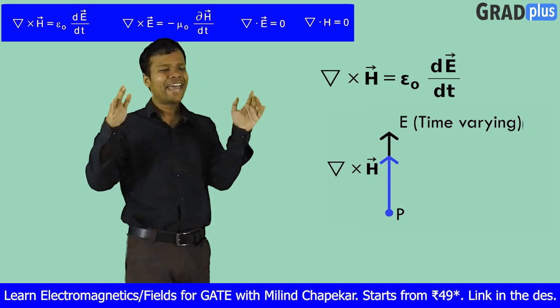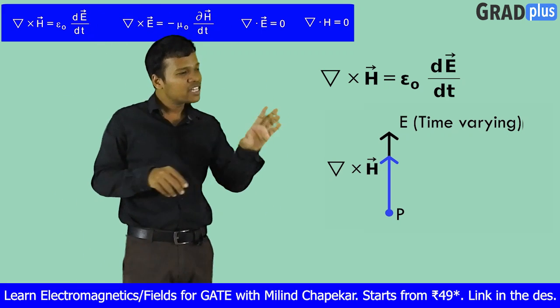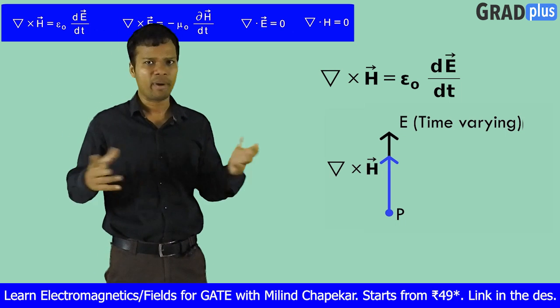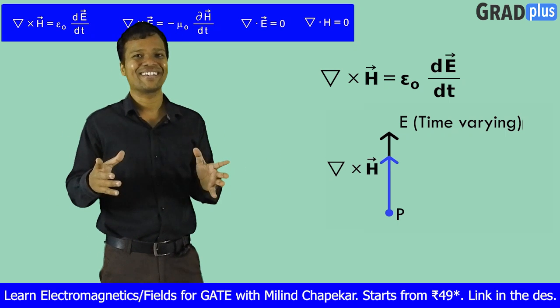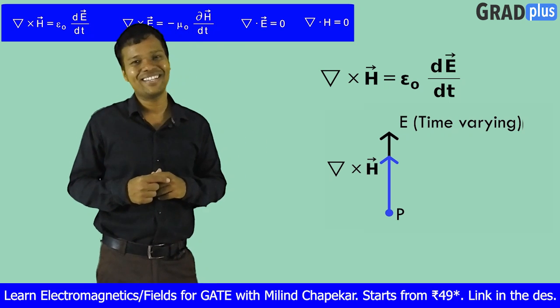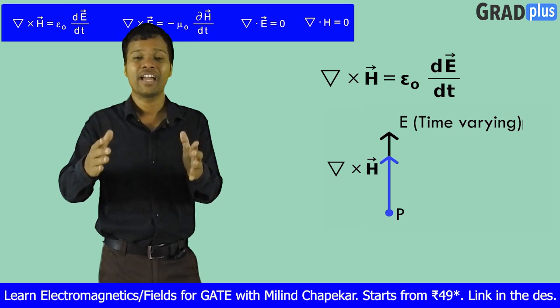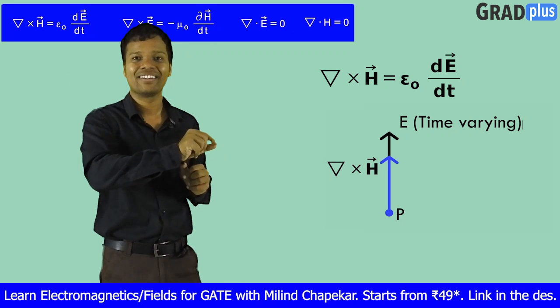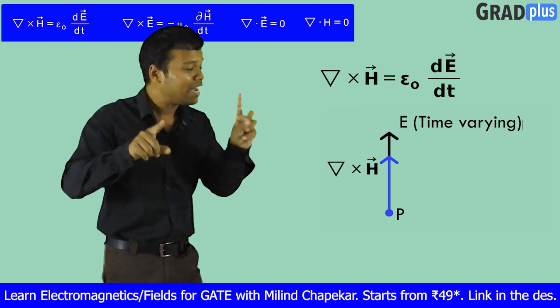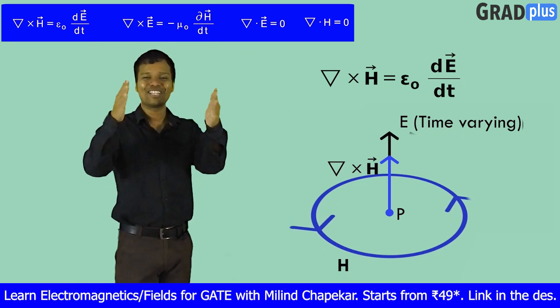So come back to our case. In our case, del cross H, curl of vector field H, it is pointing along E. Am I right? So my dear, this del cross H is pointing along E like this. So the magnetic field H must lie in a plane perpendicular to this del cross H, as you can see from the screen. Yes or no?